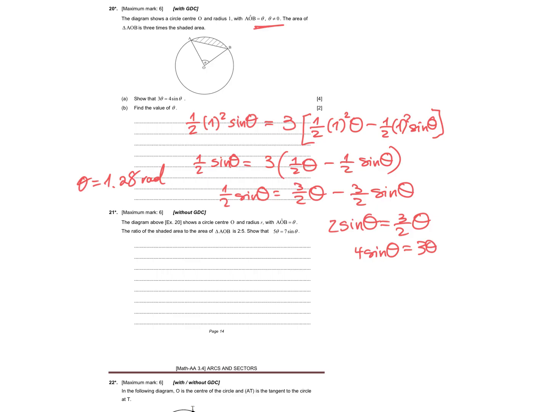The ratio of the shaded area to the area of the triangle is 2 to 5. Okay, so we have 1/2 r squared sine theta. That's the area of the triangle.